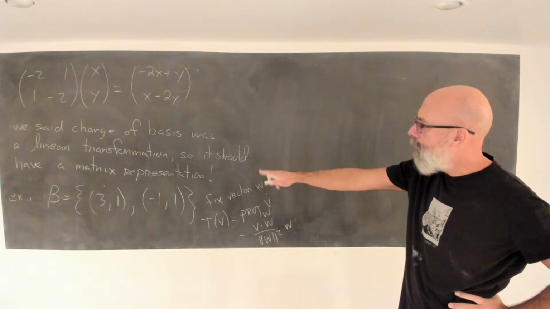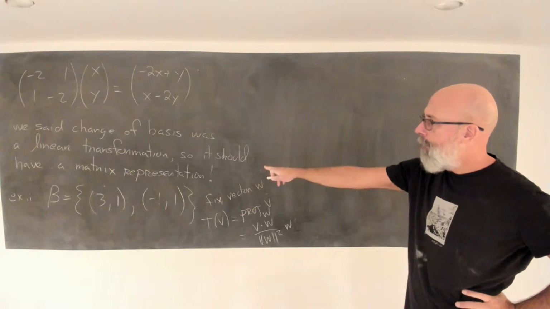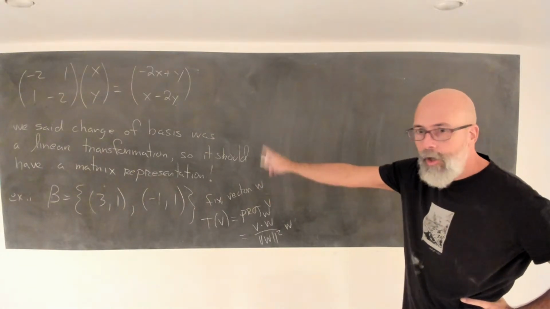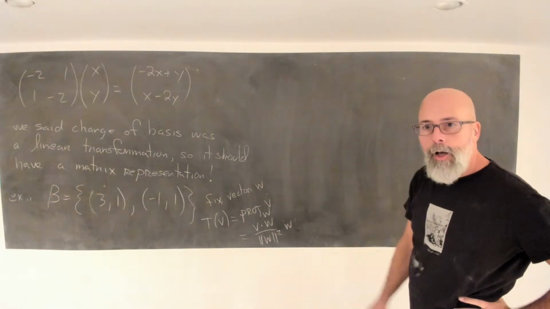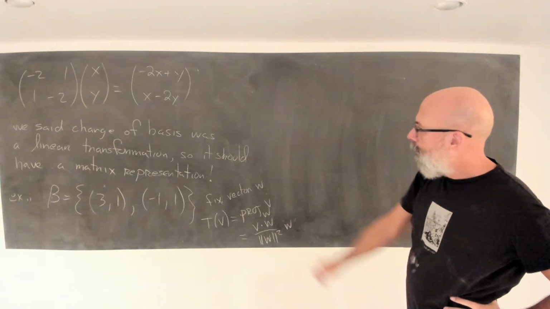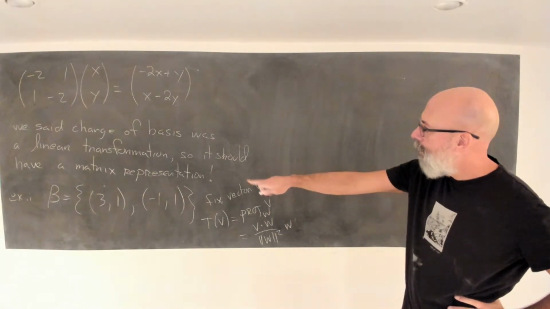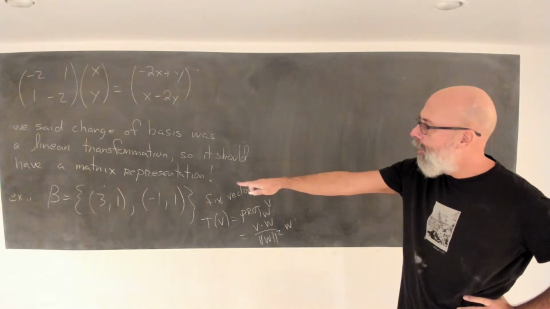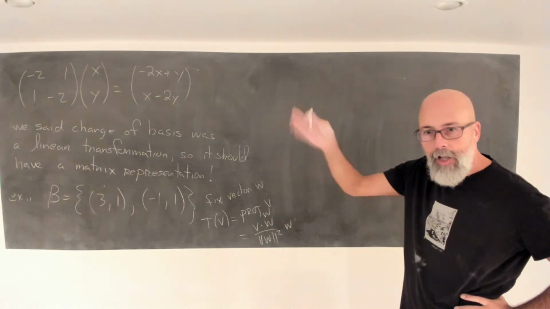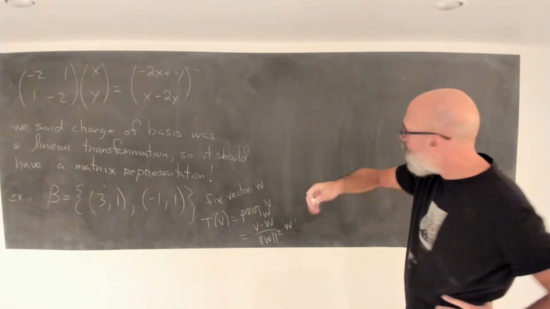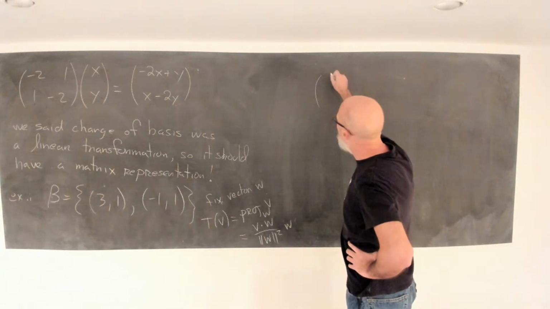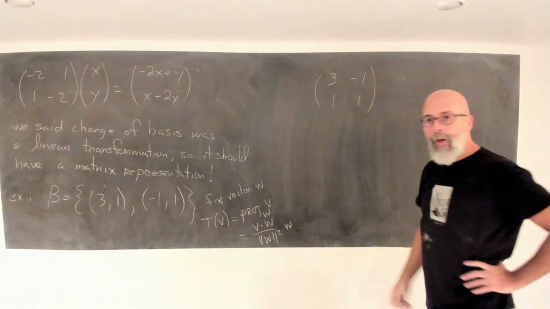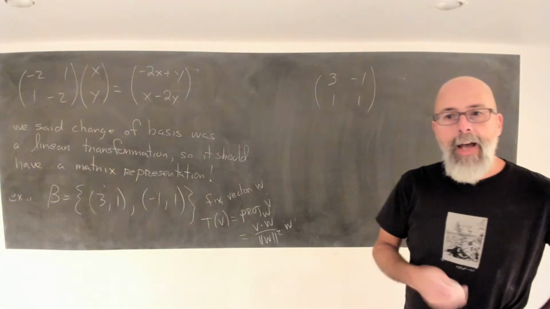But before we do that, let's talk about the matrix representation for this basis, for the change of basis. If you put these basis elements as columns, what does that give you?